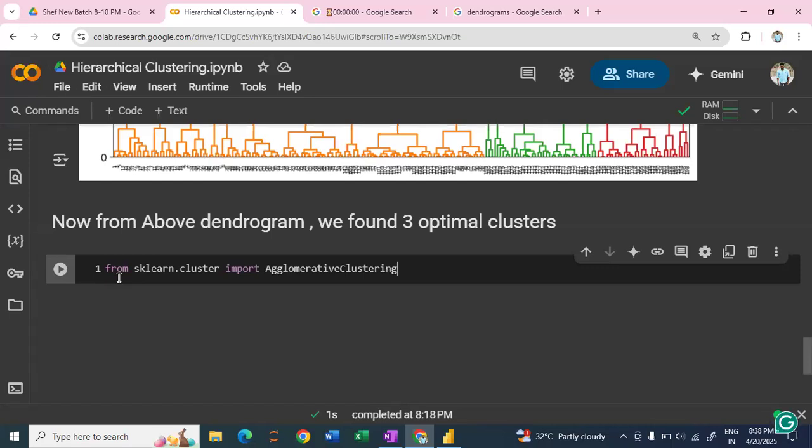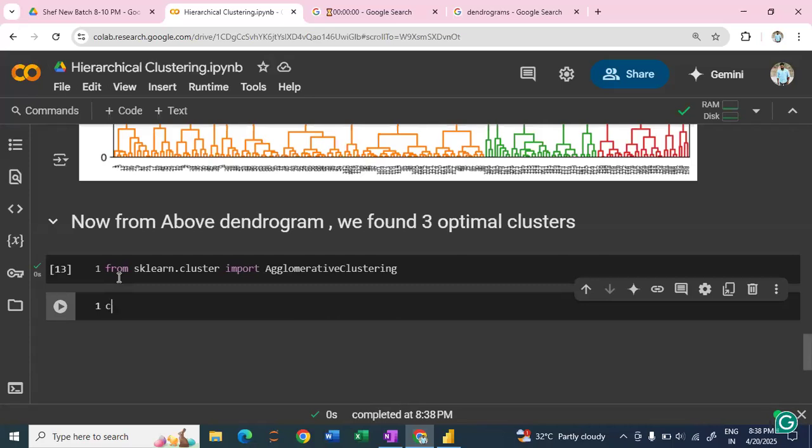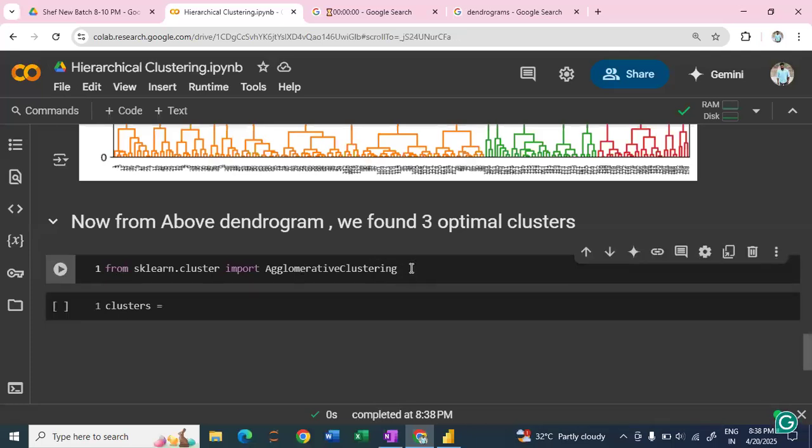Let's run it. Now clusters is equal to, just take it as AG or AC, agglomerative clustering. Okay.